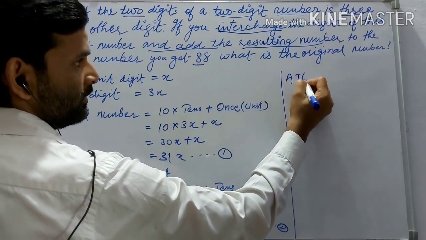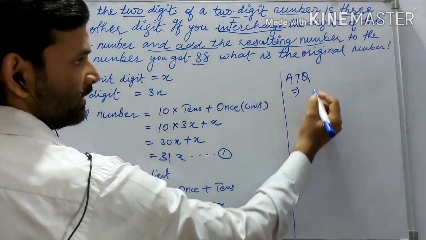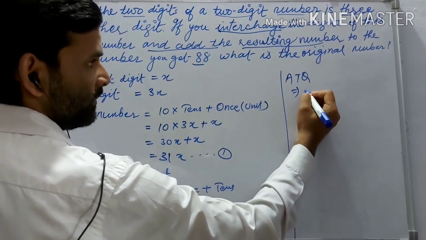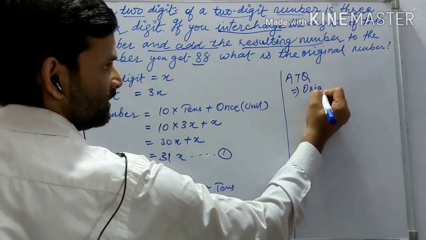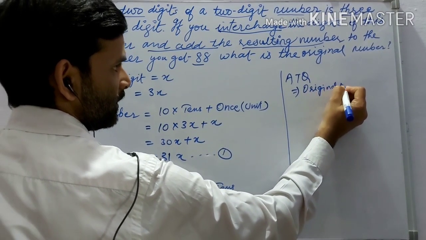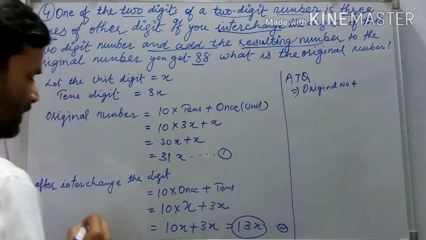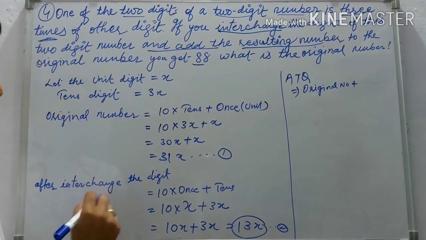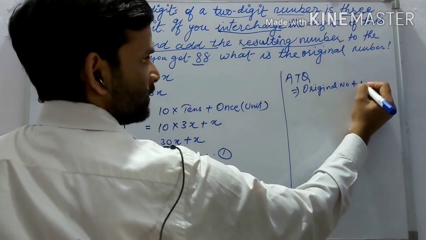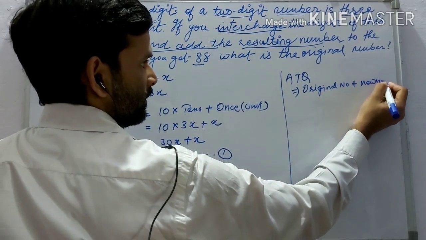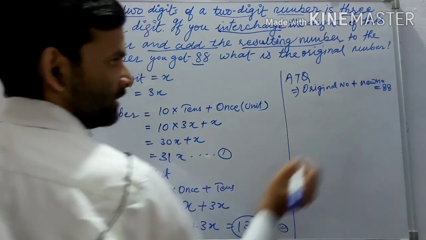According to the question, original number plus new number is equal to 88.